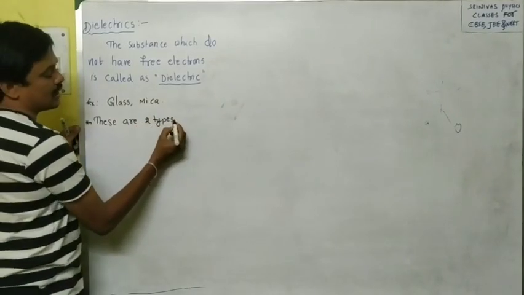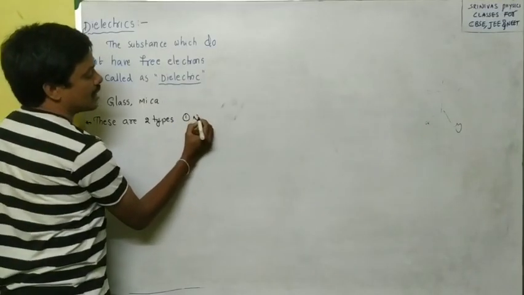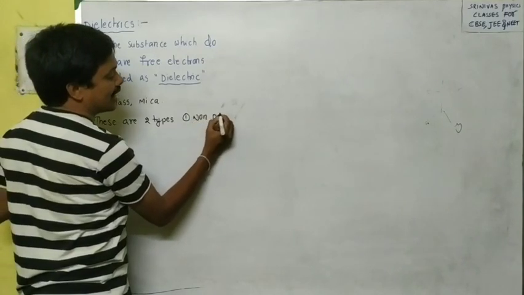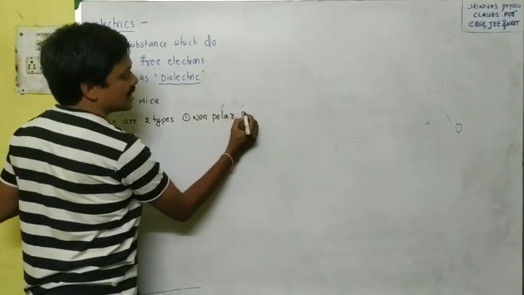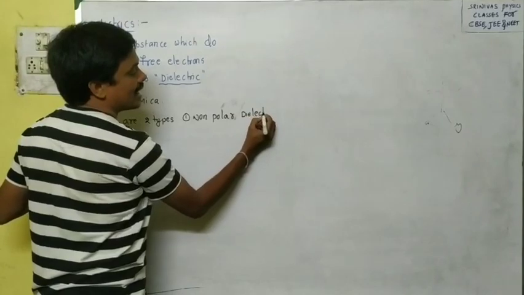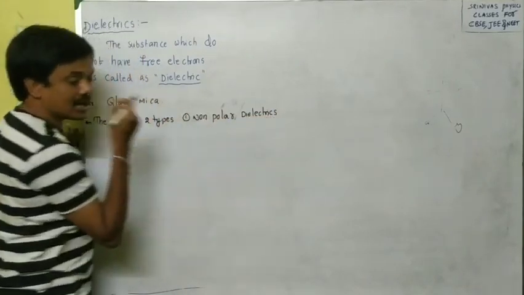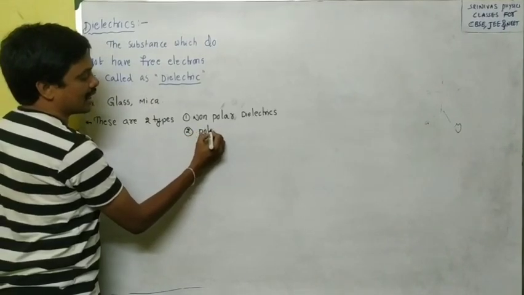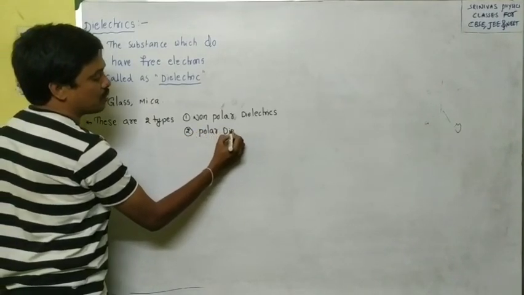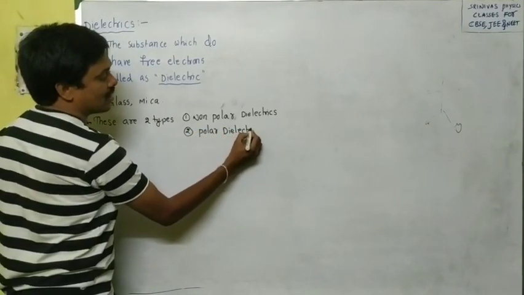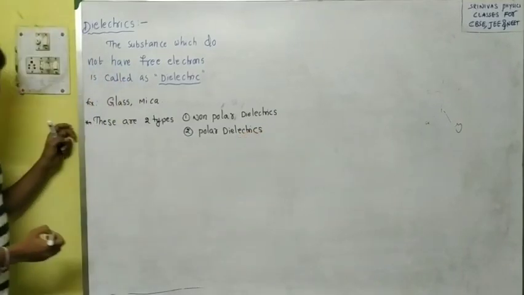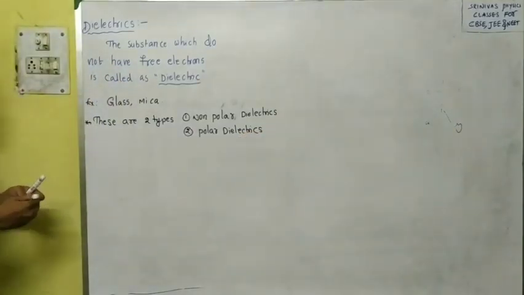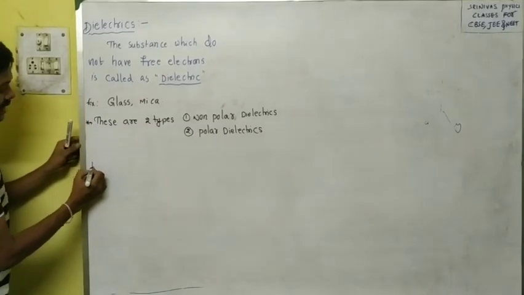What are they? The first one is non-polar dielectrics. The second one is polar dielectrics. That we are going to discuss. Let us start with the non-polar dielectrics.